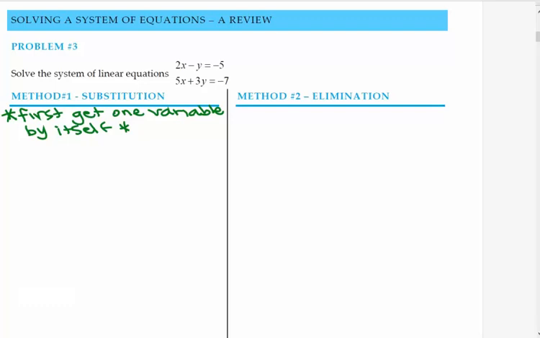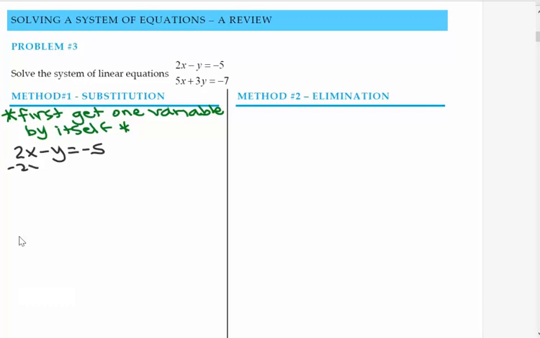Yeah, getting that y by itself, right? So if we're trying to isolate that y, let's go ahead and do that. So let me write it down here. So if I have this 2x minus y equals negative 5, and I'm trying to solve it for y because I need to get one of the variables by itself.